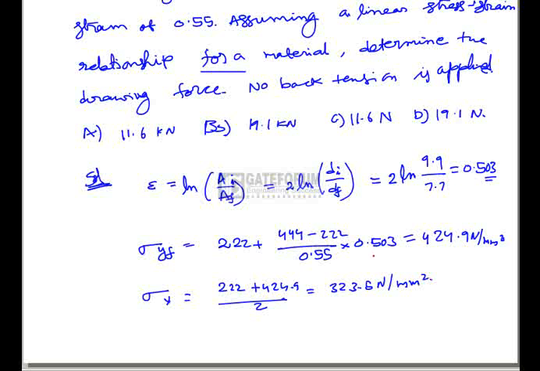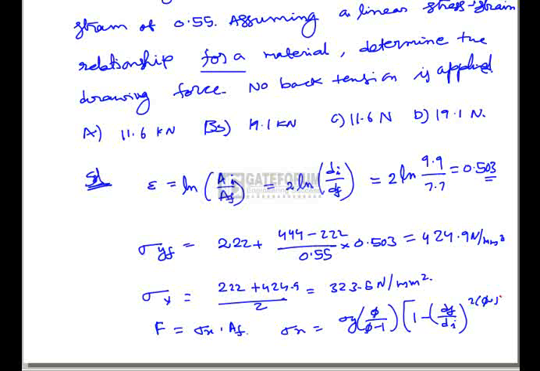And here the drawing force is given by the equation sigma x into Af, where Af is the final cross sectional area of the specimen, and sigma x is given by the equation sigma y into phi by (phi minus 1), into 1 minus (df by di) whole power of (phi minus 1).